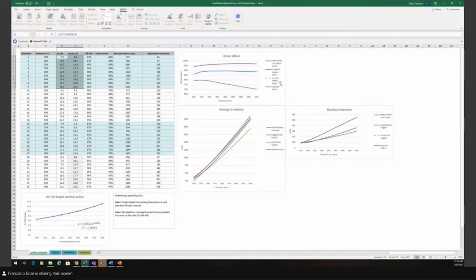And what you see is that when you do these policies that have the same targets, when you do the air only, or you do the weighted average, as your error goes up, your ocean attainment drops dramatically. You end up using a lot of air. So these are very, very expensive policies. Whereas when you differentiate them, that's when you get the higher attainment, even as the error gets bad. So these are much more efficient policies when you compare.